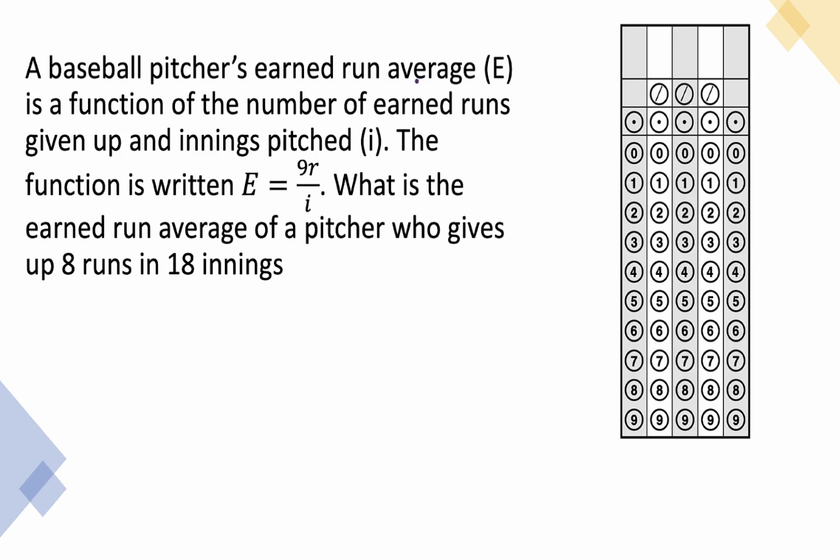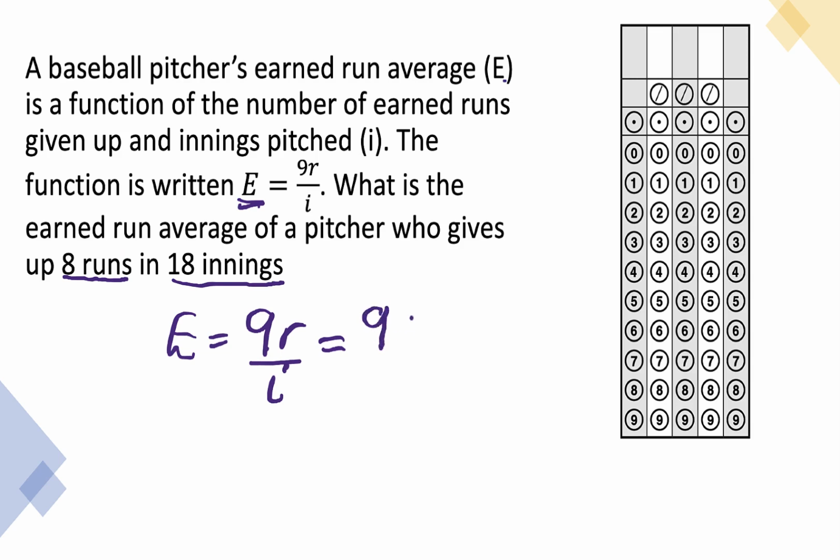So they already told us that the earned run average is that E right here. So you have E equals 9R over I. We know R is the runs, we have 8, and the I is the innings, which is 18. So we just need to substitute that into our equation.